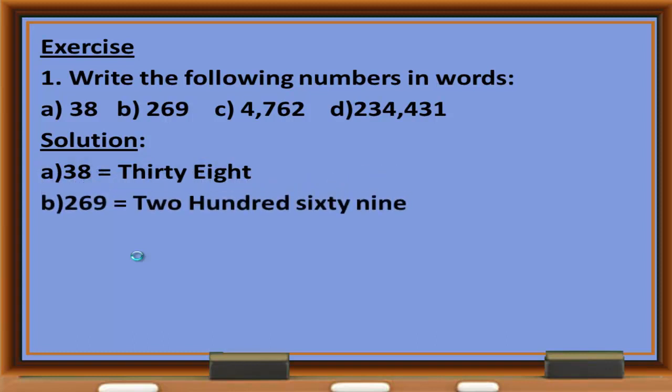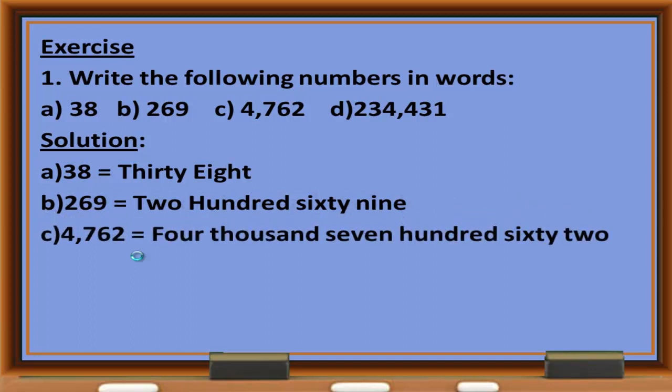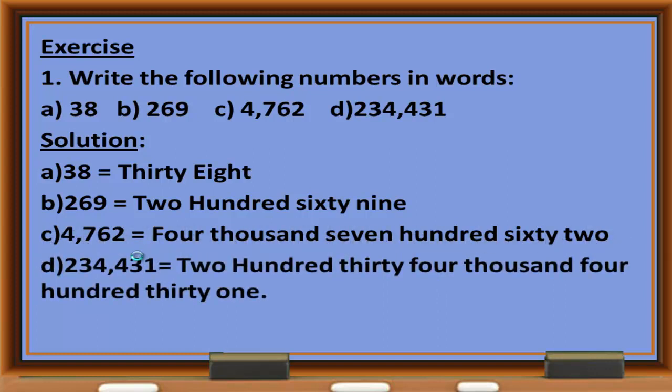B, 269 is equals 269. C, 4762, that is in digits, and in words is 4762. D, 234431 is equals 234,431.